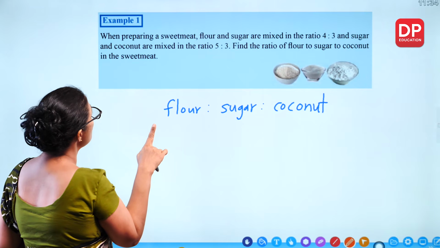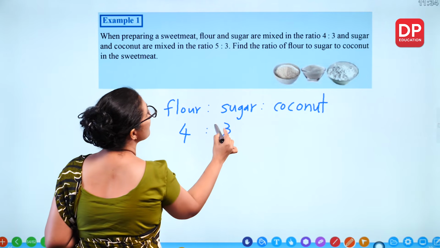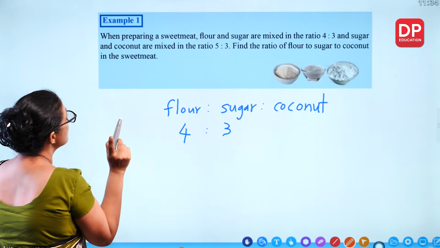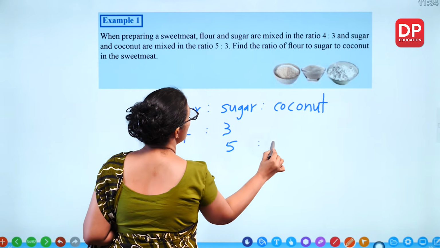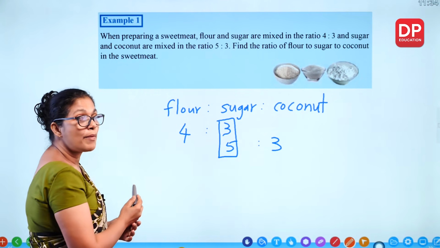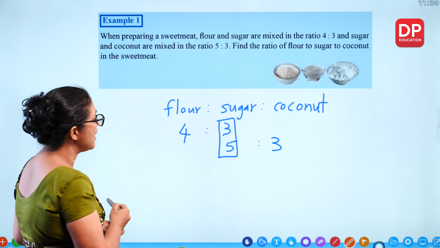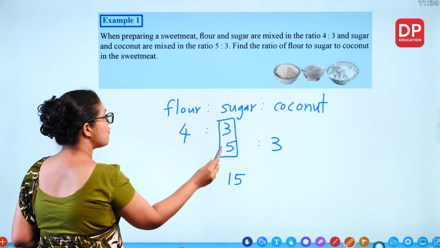What's the first ratio? Flour to sugar. That's 4:3. Then sugar and coconut 5:3. So you need to find out the lowest common multiple of 3 and 5. That's 15. How you get 15 from 3?